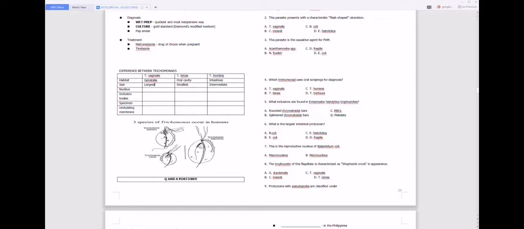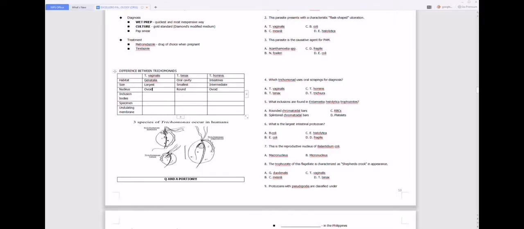Next is the nucleus. Trichomonas tenax is the only trichomonad with a round nucleus, while Trichomonas hominis and Trichomonas vaginalis both have ovoid nuclei. So Trichomonas tenax, round nucleus; Trichomonas vaginalis and Trichomonas hominis, ovoid nuclei.